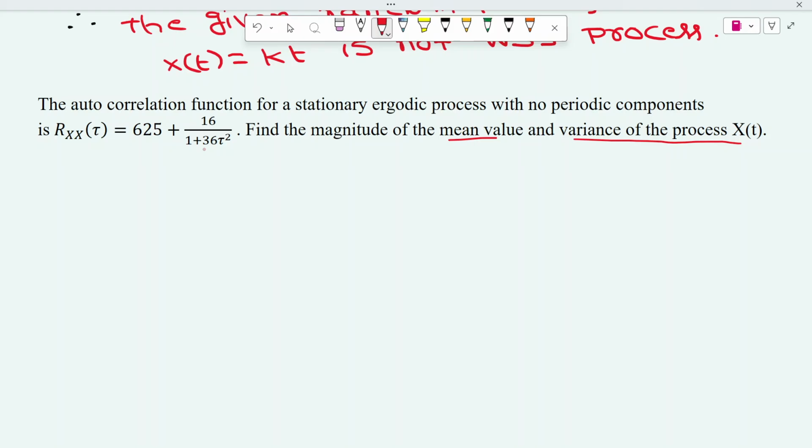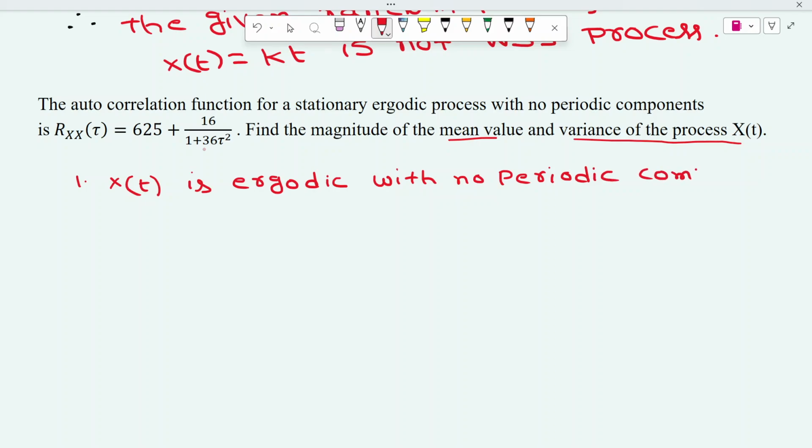One property that we are going to use today is: if x of t, the given random process, is ergodic, and here it is given that the autocorrelation function is for a stationary ergodic process with no periodic component, that is why we are using this property. So x of t is ergodic with no periodic components.